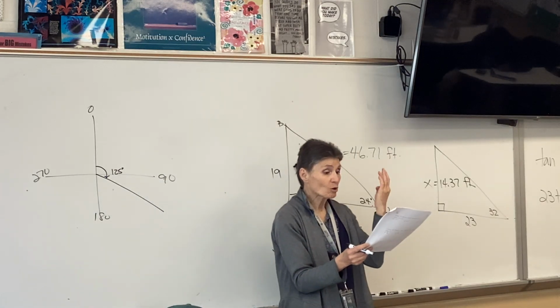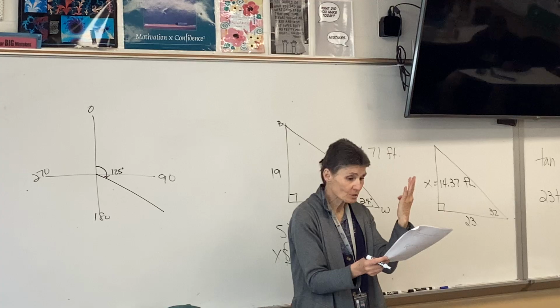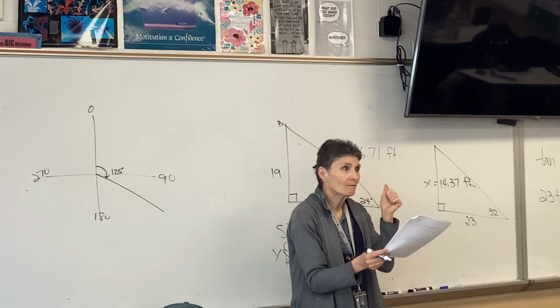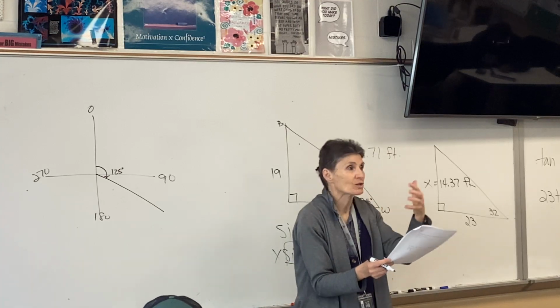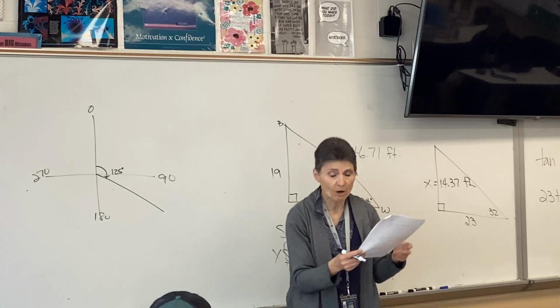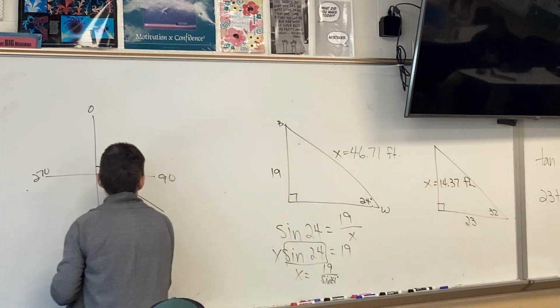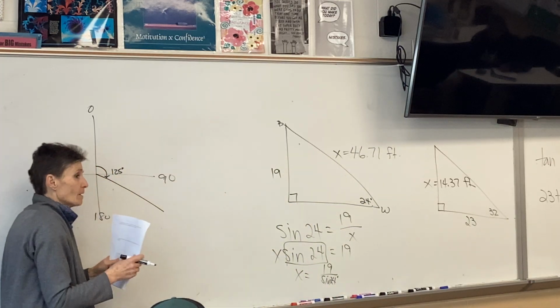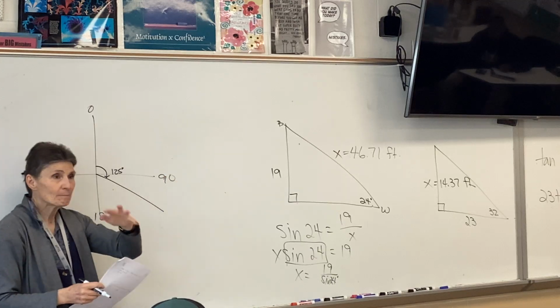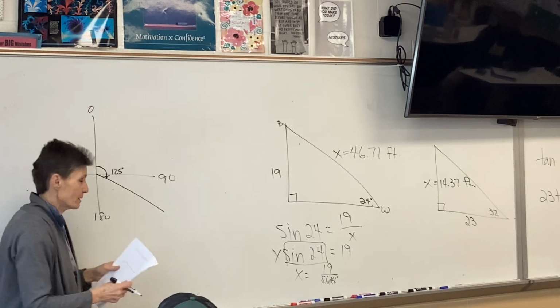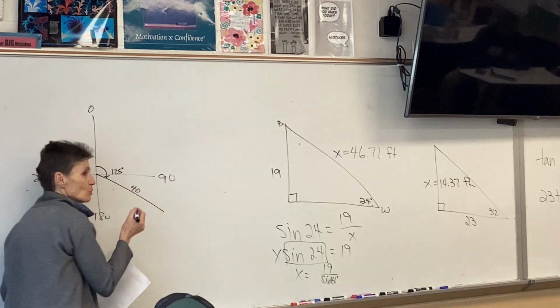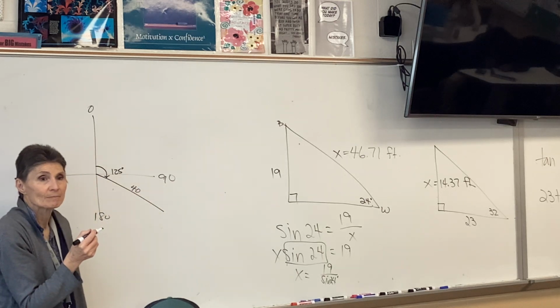So if he's gone for 4 hours at a speed of 10 miles an hour, how far has he gone? 4 hours, 10 miles an hour. 40 miles. Distance equals rate times time, right?